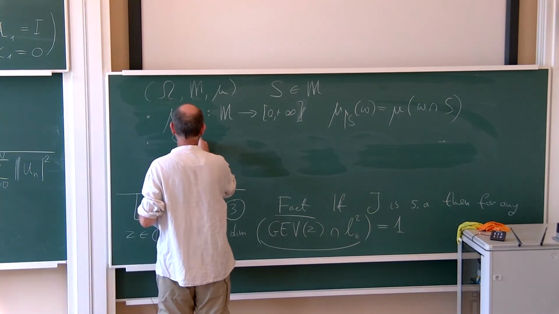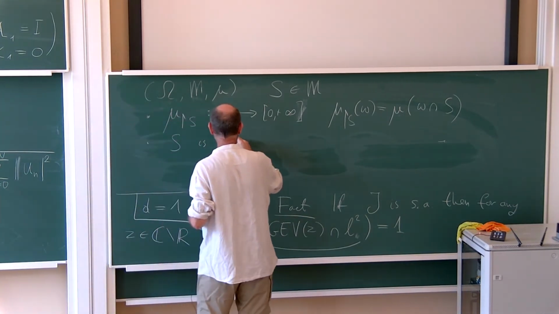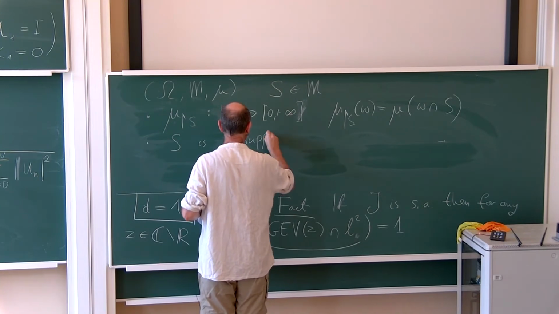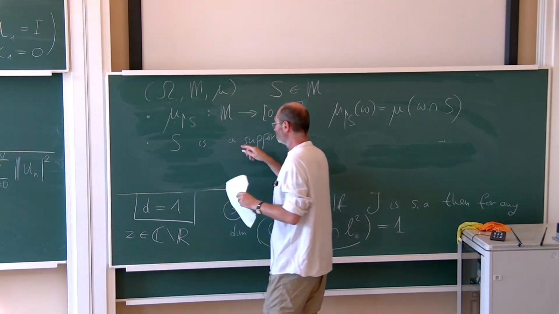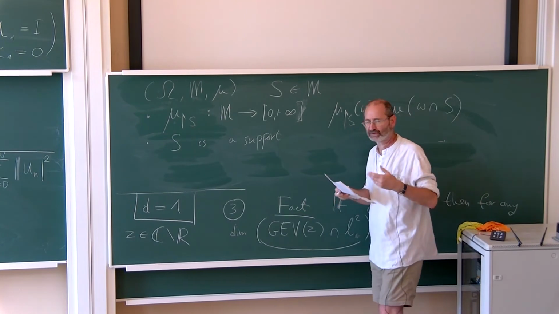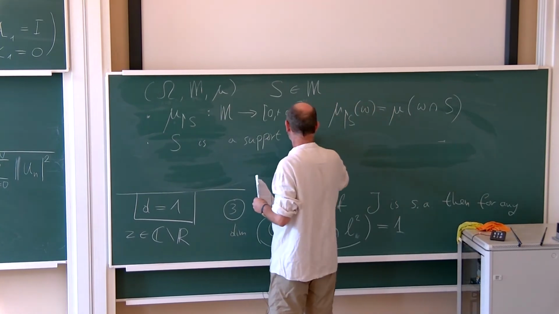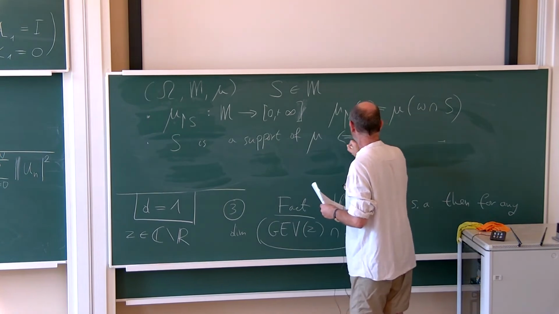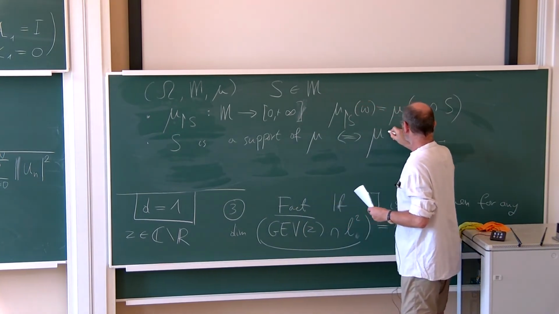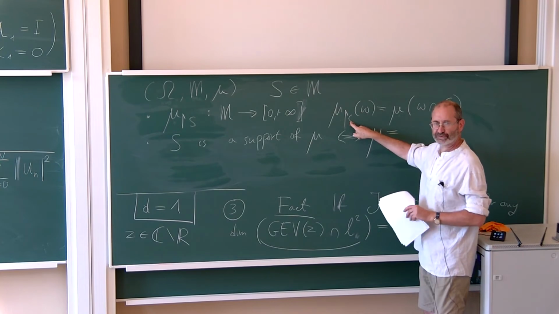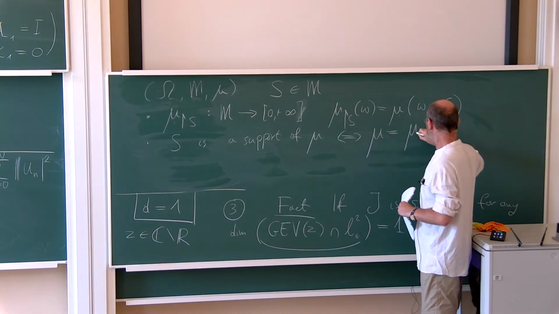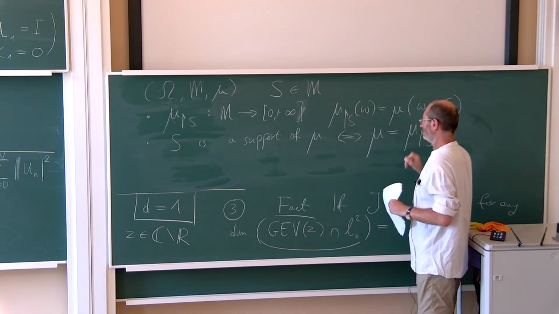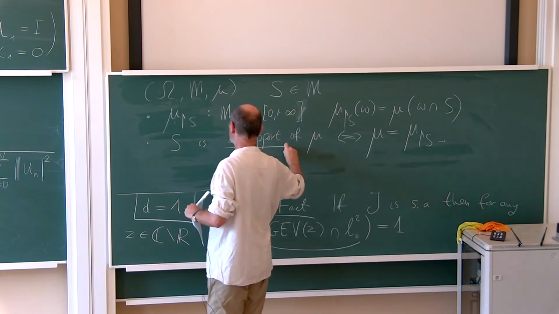So S is a support, because this is not a unique notion, of the measure mu if and only if mu is equal to mu restricted to S. So this is a support.